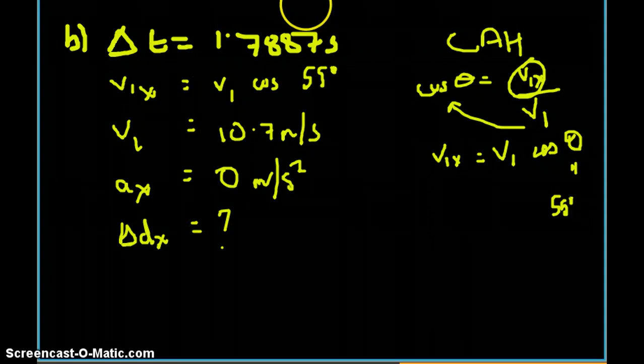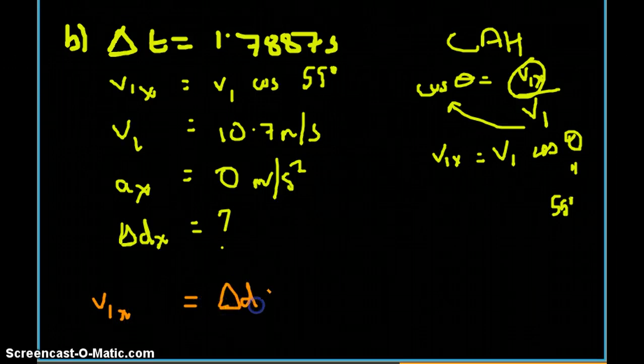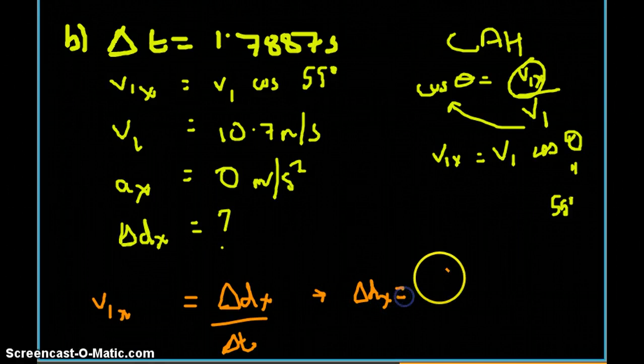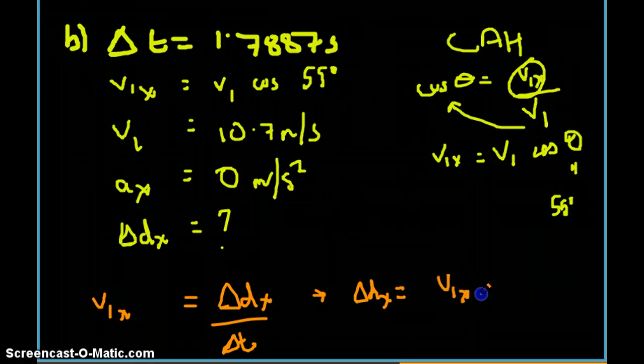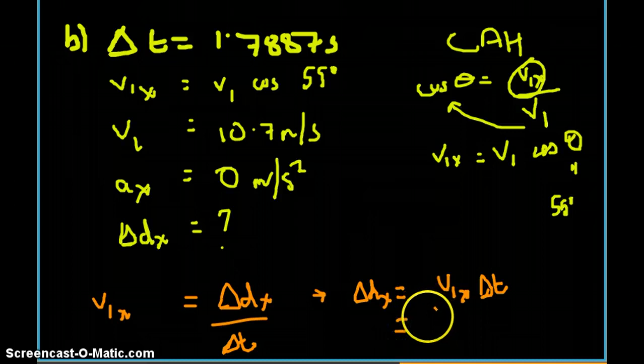So we can easily solve this. The equation we use is the simple one, v1x equals delta dx over delta t, the speed, velocity and time relationship. But what I'm looking for is actually delta dx, so I can write that delta dx is equal to v1x times delta t. And I know all my values, so I just stick them in there.